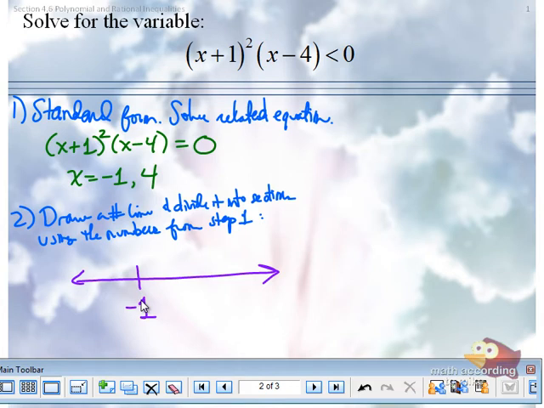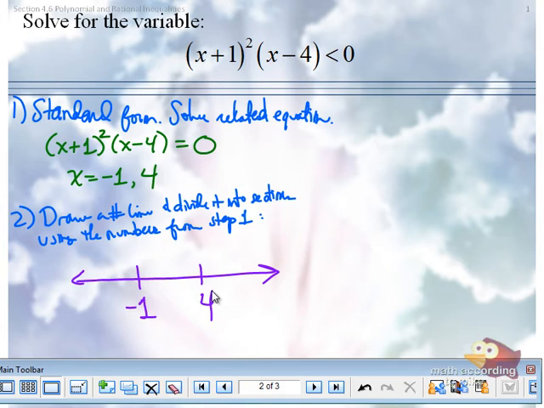Now, it's a good idea to use a different color, use a different symbol, because we're about to mark up this number line. Thanks for agreeing with me. So notice I'm using tick marks for our negative 1 and our 4.